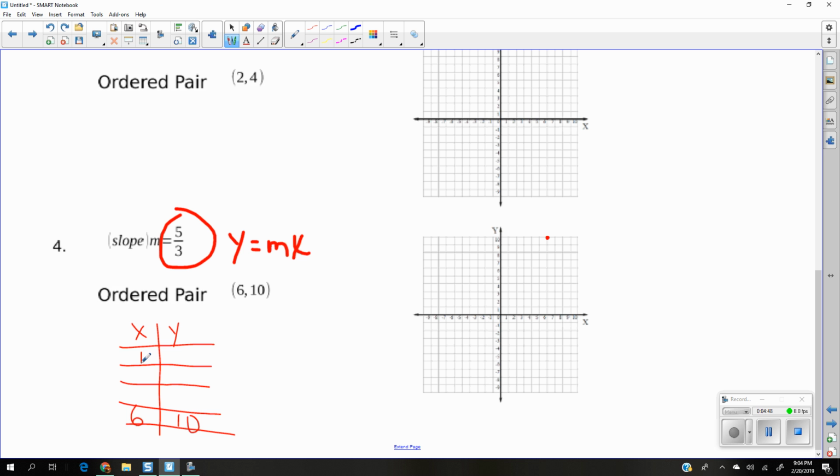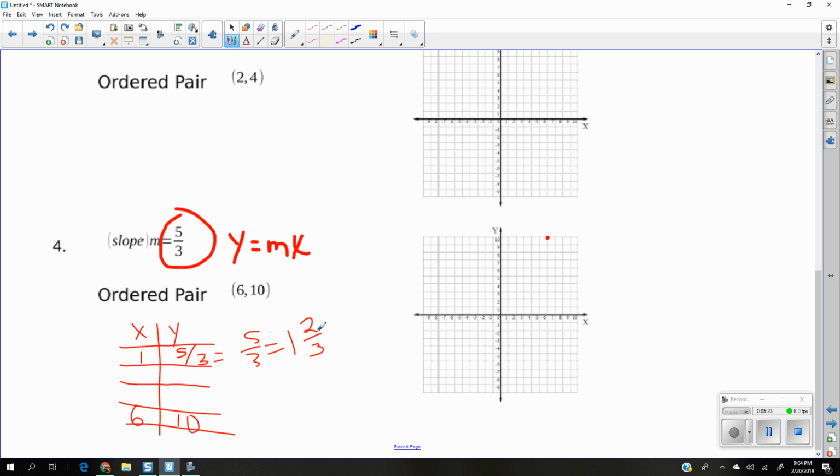Okay, so if X is 1, 5/3 times 1 is still 5/3, and we can reduce that. 3 will go into 5 one whole time, because 3 times 1 is 3. 3 is our denominator. 3 times 1 is 3, plus 2 is 5. So it's actually 1 2/3. But I guess they did the 6 and the 10 because it's a whole number.